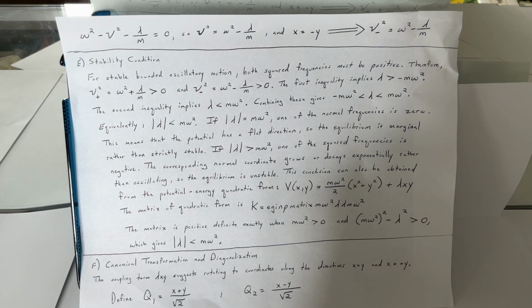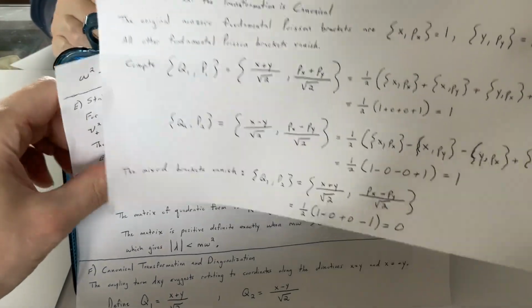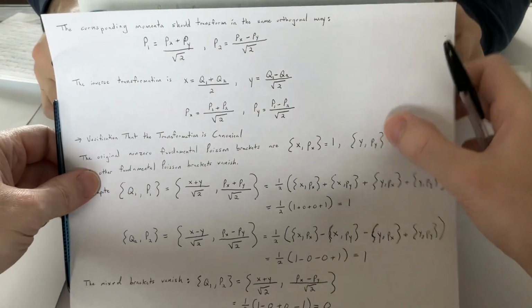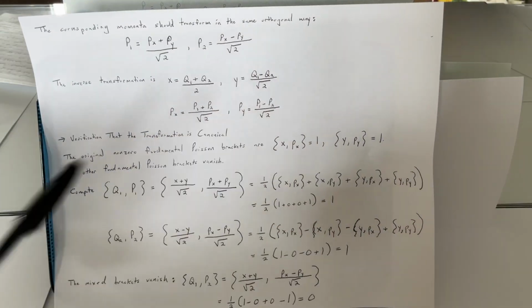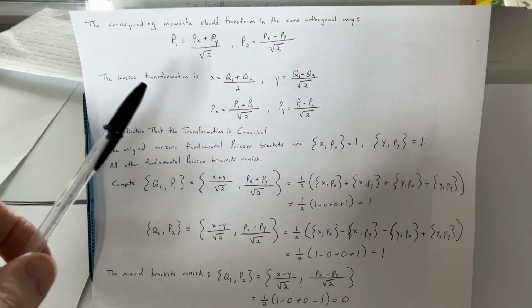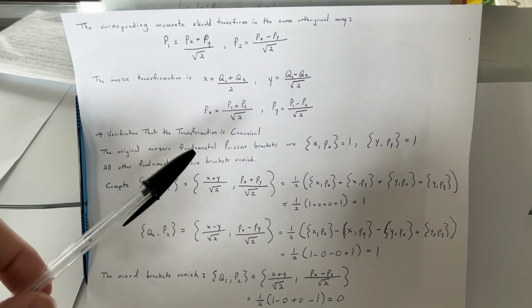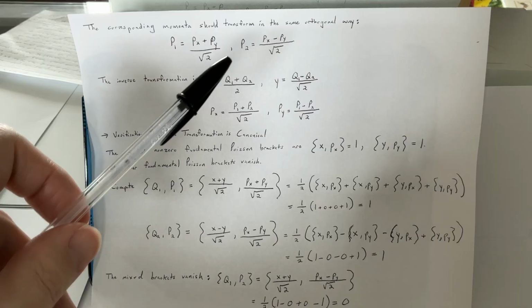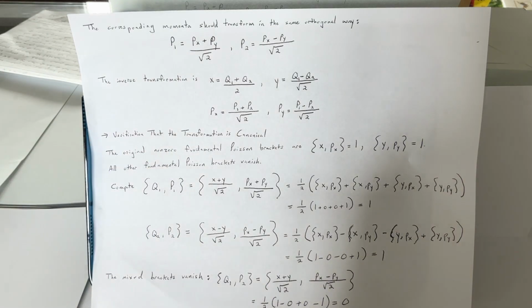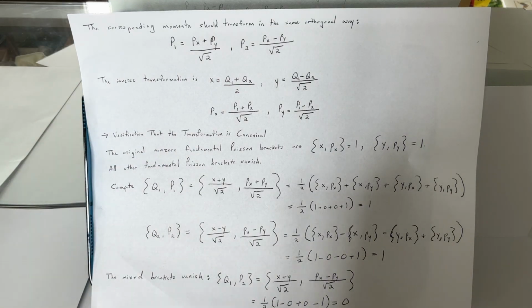Now, coming from here, the corresponding momenta should transform in the same orthogonal way. P₁ = (pₓ + p_y)/√2, P₂ = (pₓ − p_y)/√2.